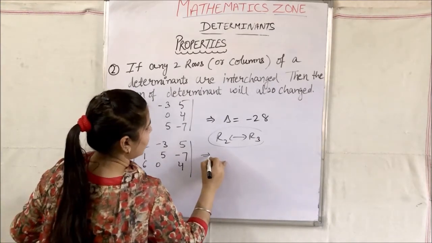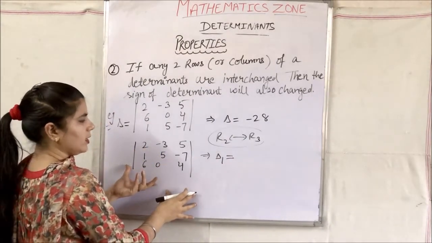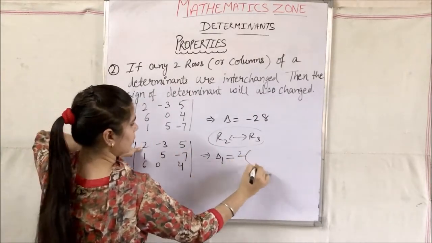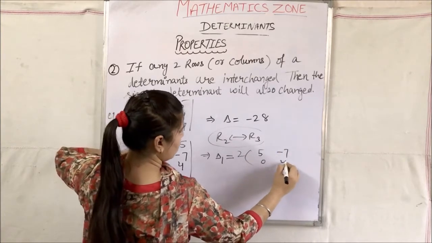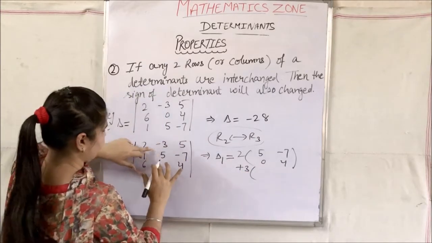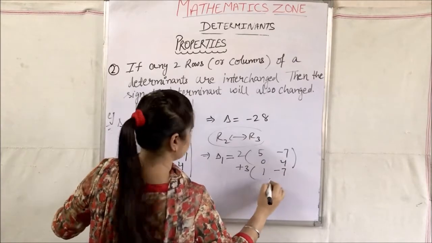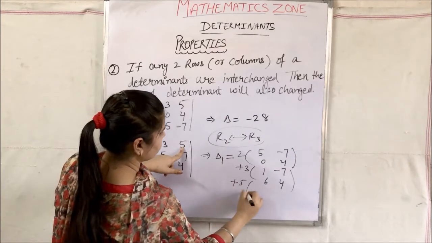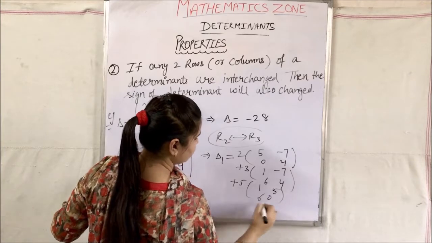Now once again delta 1, for calculating delta 1 we will expand the first row. So 2, 5 minus 7, 0, 4. This will be plus 3, 1 minus 7, 6, 4, plus 5, 1, 5, 6, 0.